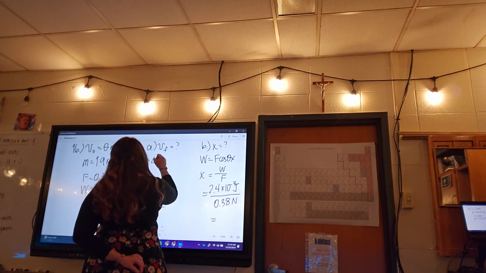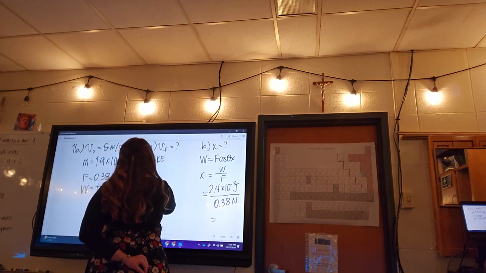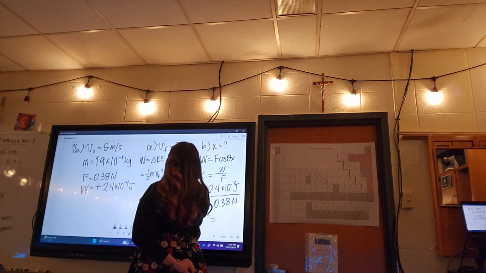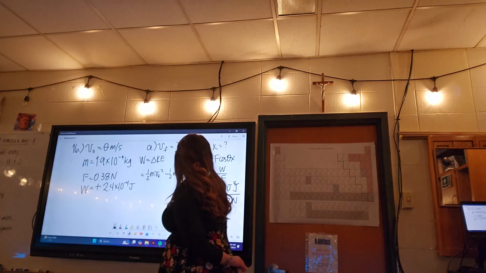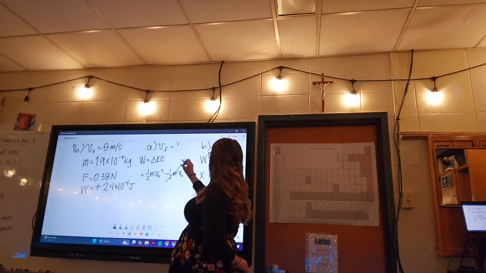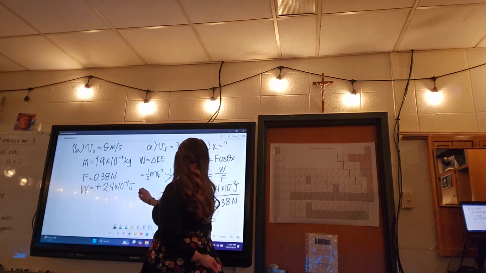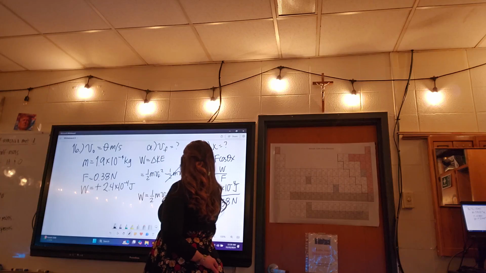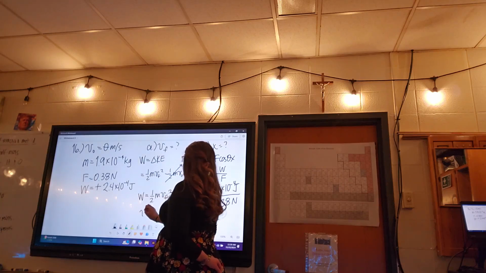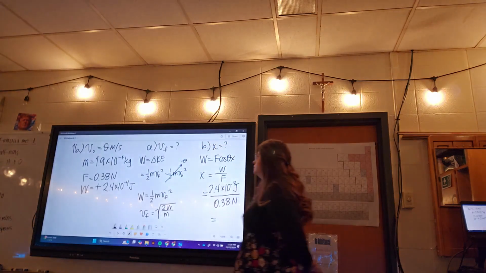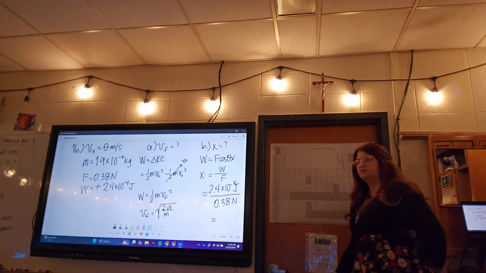Work is equal to delta KE, and that is equal to 1/2 mass v final squared minus 1/2 m v naught squared. But this whole nonsense is equal to 0. So maybe I don't need to write that. But I do still need to solve for velocity final. And so that's going to be the same equation that I just used. So 2W divided by m. And that's how I'll calculate v final.